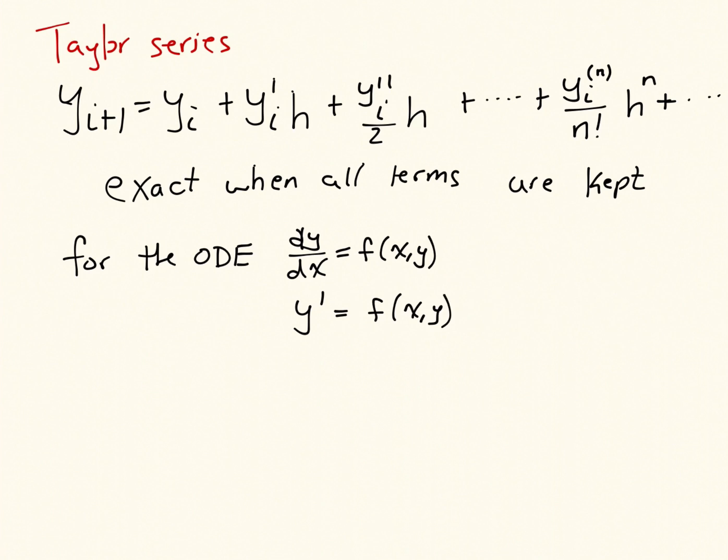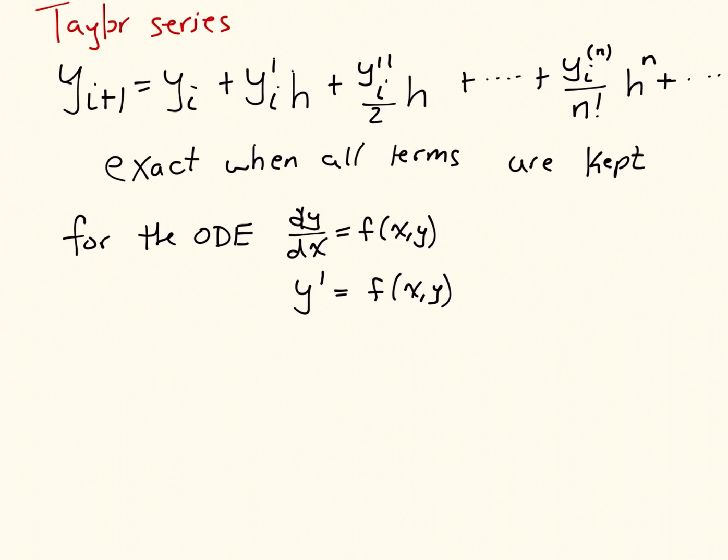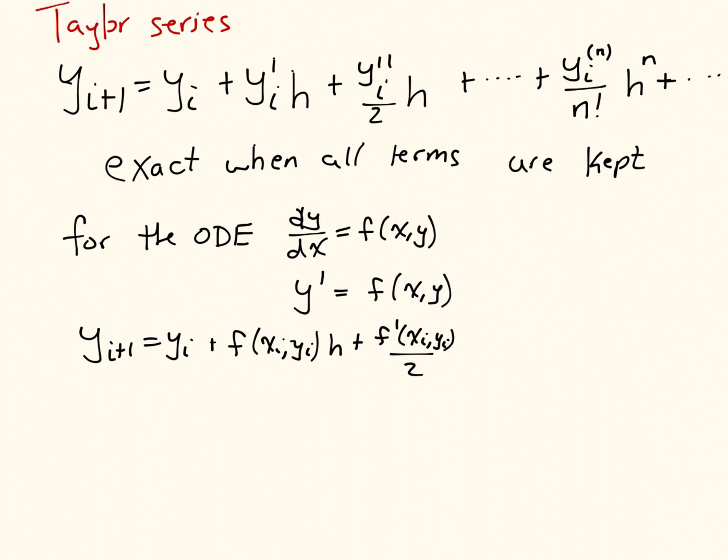Now if we plug this into our Taylor series, we can come up with the relation y i plus 1 is equal to y i plus f of x i, y i, where I just plugged in f for y prime, times h, plus f prime at x i, y i, all over 2 times h squared.